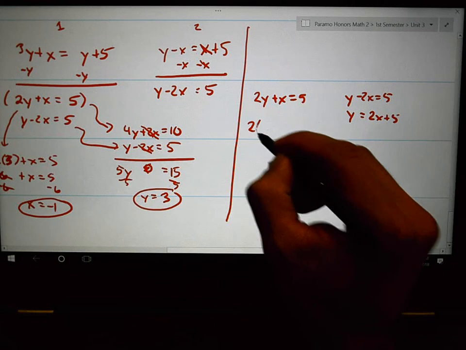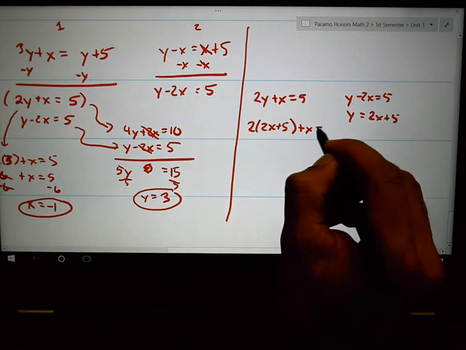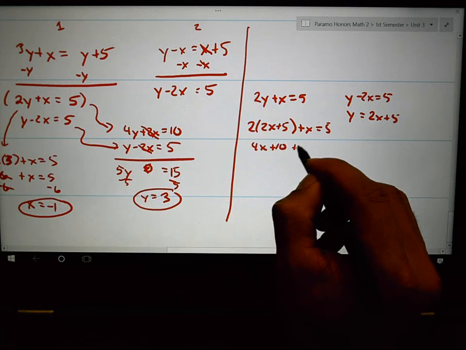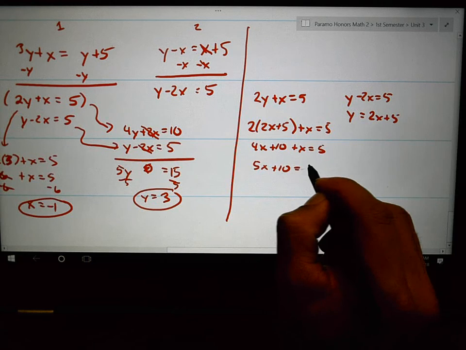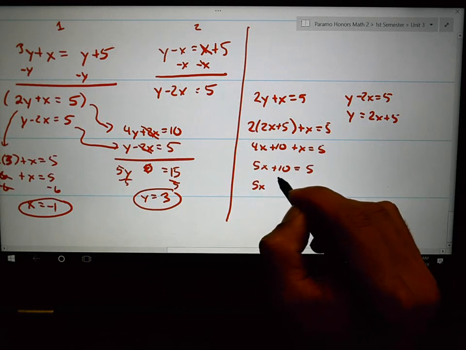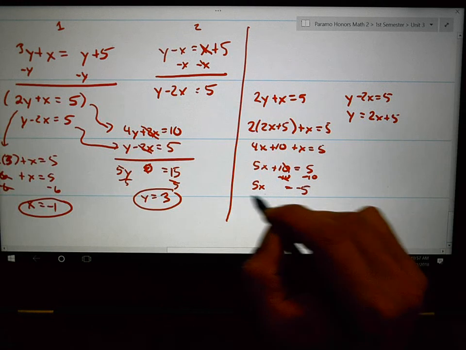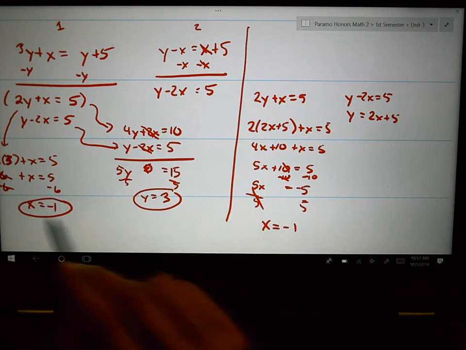2 times 2x plus 5 plus x equals 5. 4x plus 10 plus x equals 5. 5x plus 10 equals 5. 5x equals negative 5. Divide by 5. And x equals negative 1. Same answer.